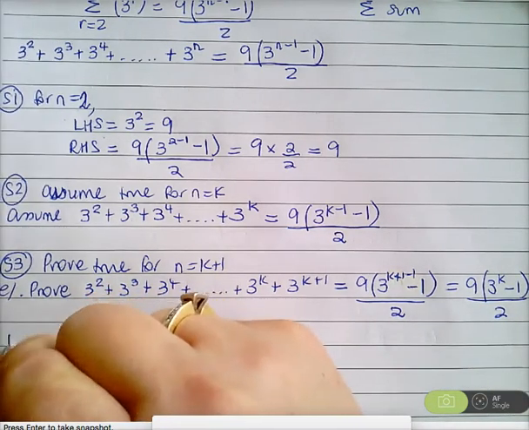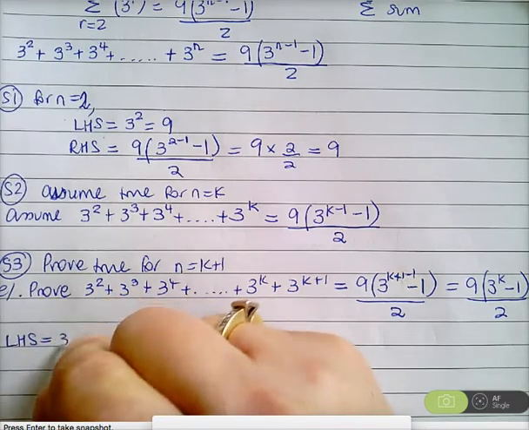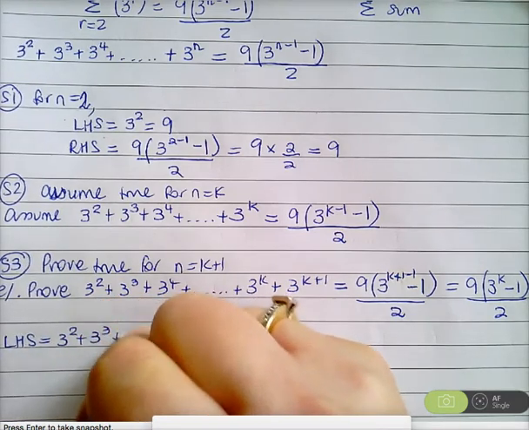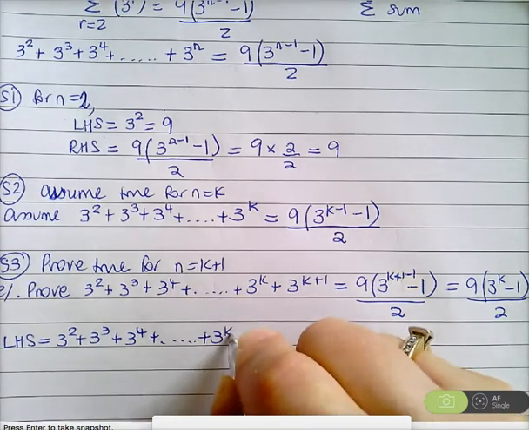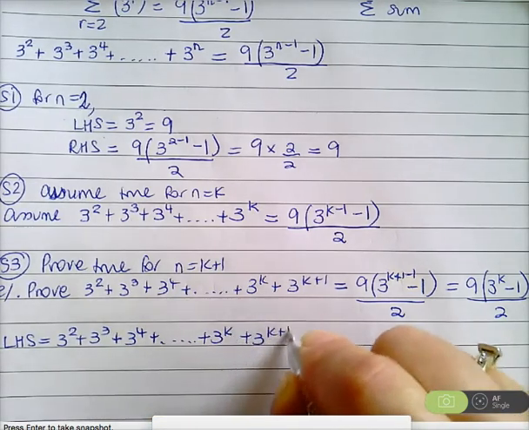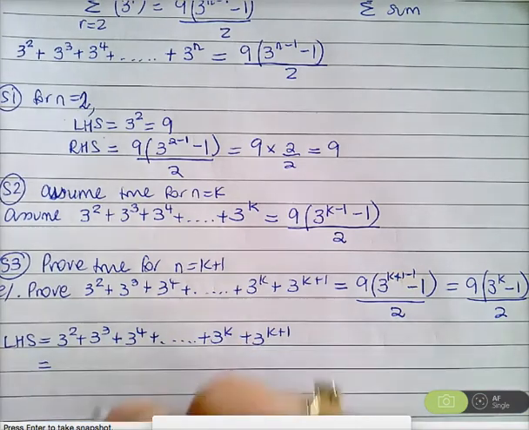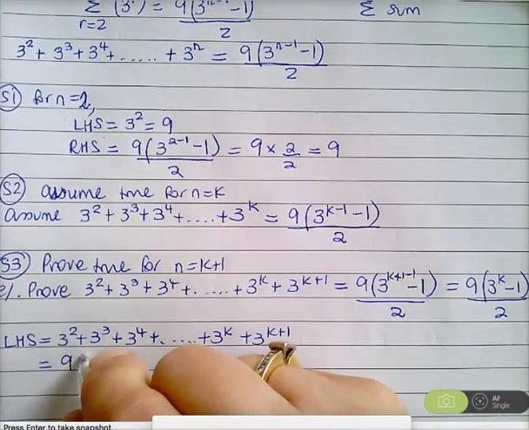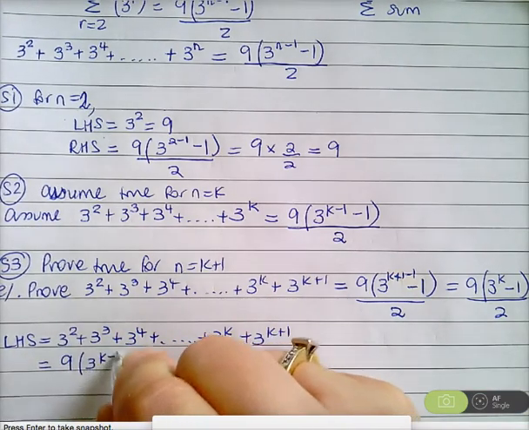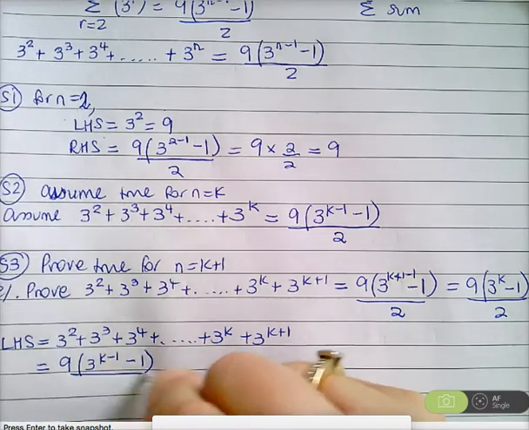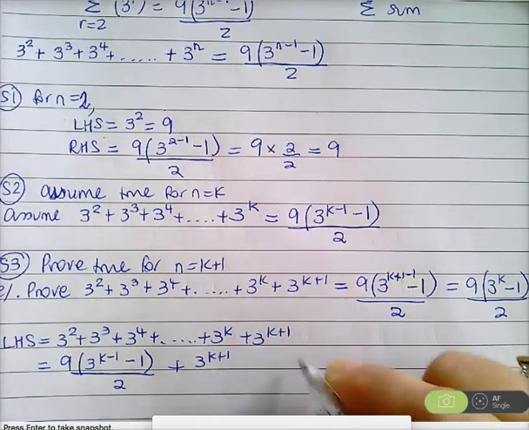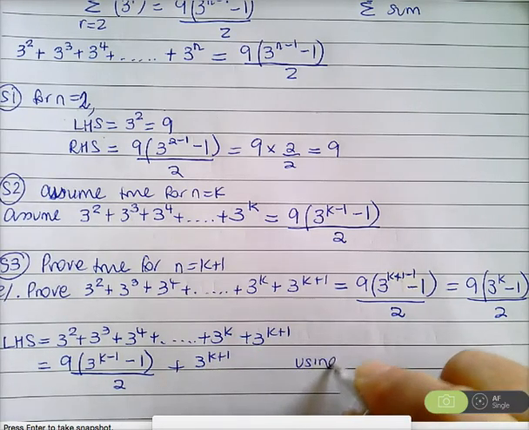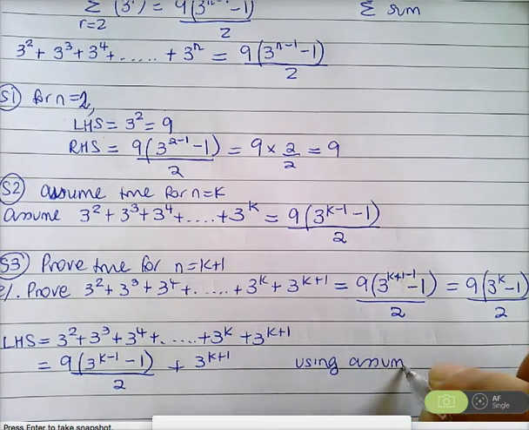So the left-hand side is 3 squared plus 3 cubed plus 3 to the power of 4, plus 3 to the power of k, plus 3 to the power of k plus 1, which is equal to 9 times 3 to the k minus 1 over 2, plus that last bit, 3 to the k plus 1, using the assumption in step 2.